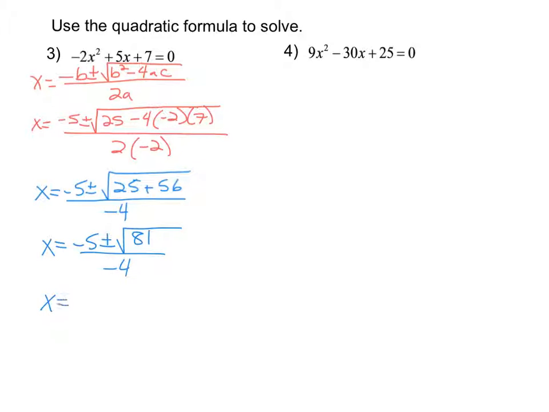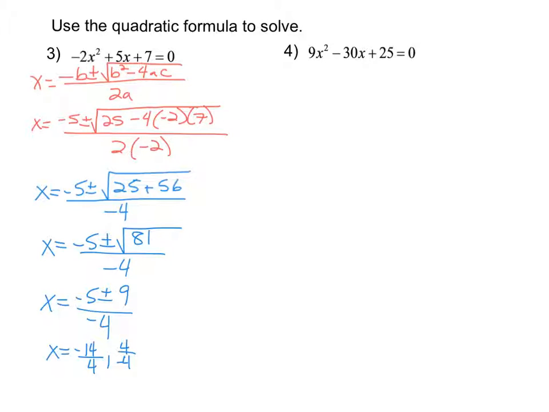And so my next step is I'm going to take that square root of 81. So I've got negative 5 plus or minus 9 over negative 4. So x is equal to, let's see, negative 5 minus 9, that'd be negative 14 over negative 4, or negative 5 plus 9, that'd be positive 4 over a negative 4.